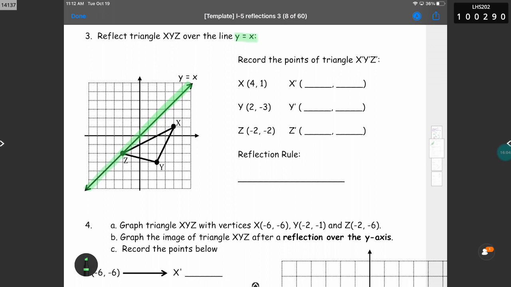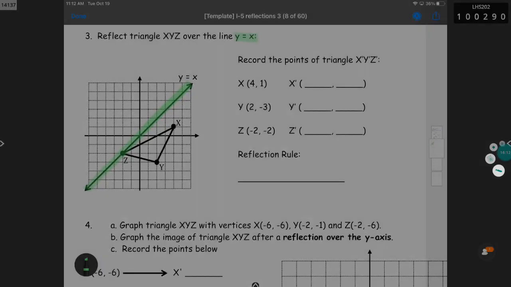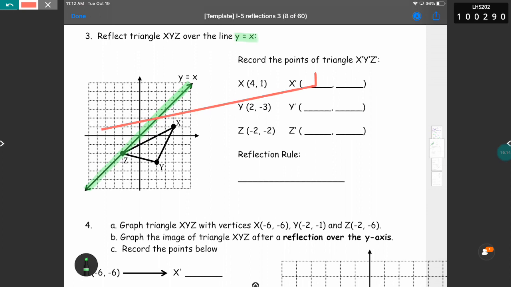So X prime is what? 1 and 4. 1 and 4. Okay. What is the Y? -3 and 2.